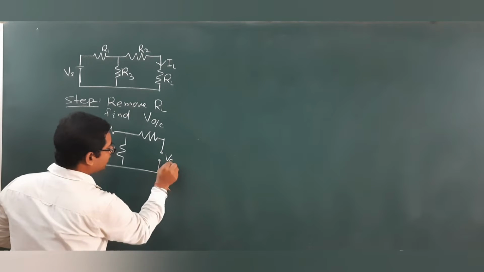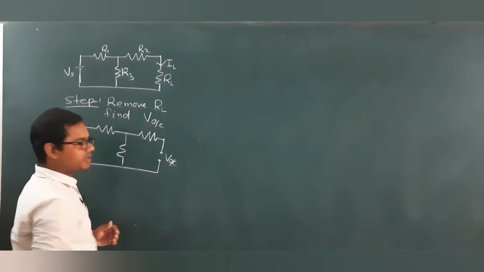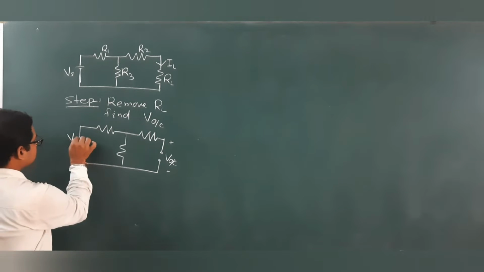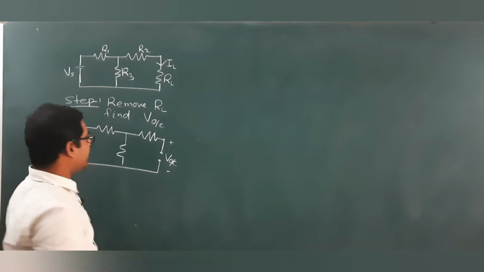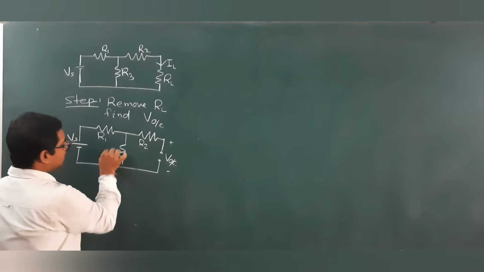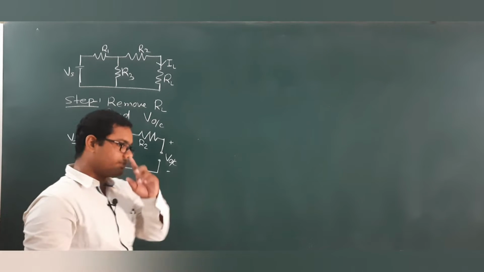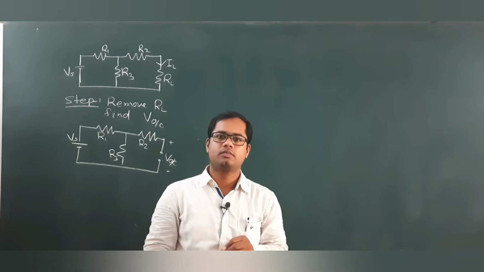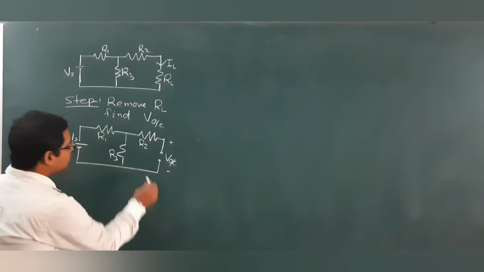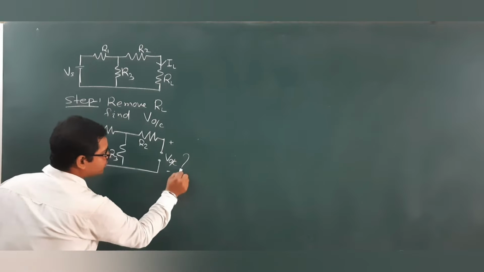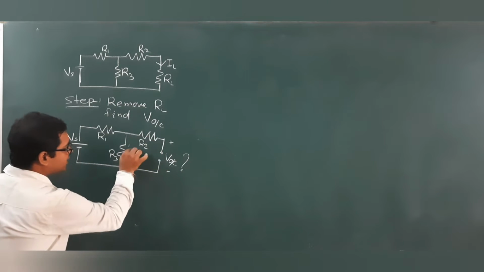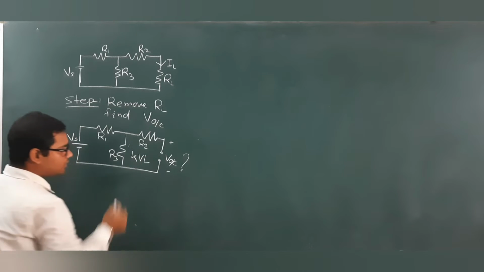So here you can find VOC, the open circuit voltage, and this is your VS, or simply V. This is R of 1, R of 2, and R of 3, whatever is given in the circuit. Now we have to find this voltage VOC, so you have to apply KVL, Kirchhoff's voltage law.